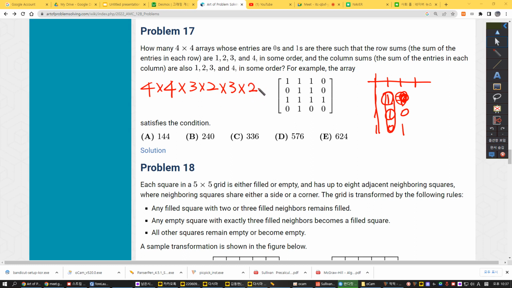So you can multiply all these numbers. So what's the product of these numbers? So it's a kind of perfect square. 4 times 3 times 2 is a perfect square, which is 576. Yep.